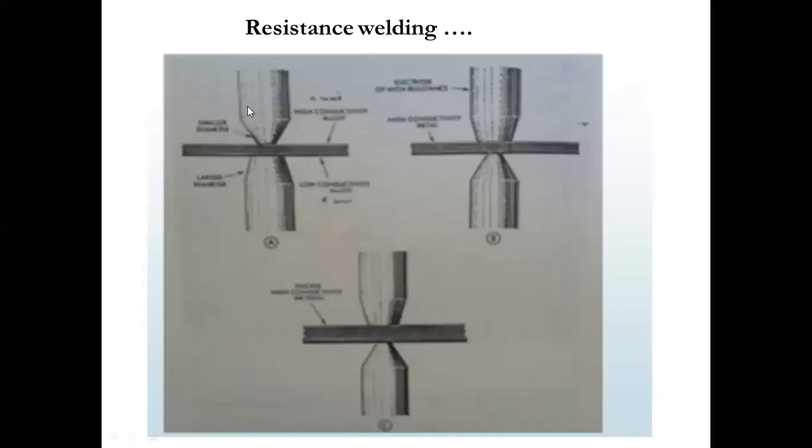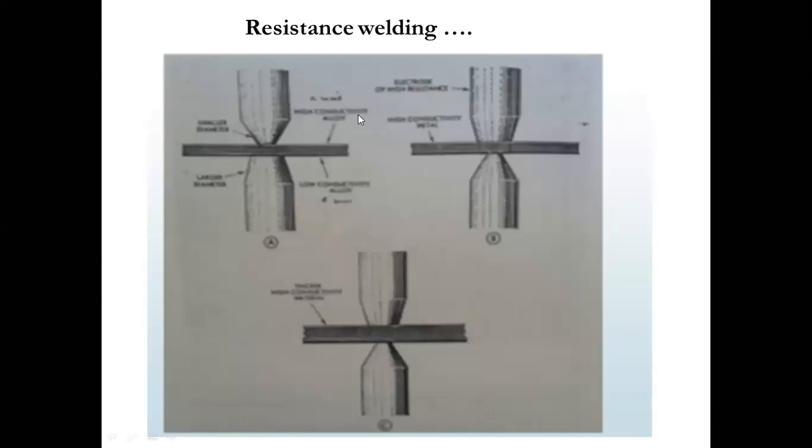Here you can see in this diagram, to this plate, the diameter of the electrode is very small, and to this plate, the diameter of the electrode is very large, right? So the upper plate is having high thermal conductivity or high electrical conductivity, right?